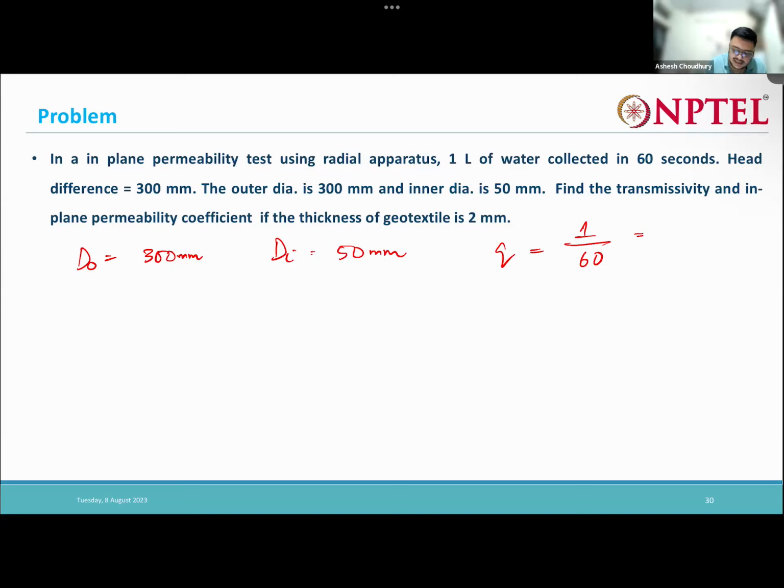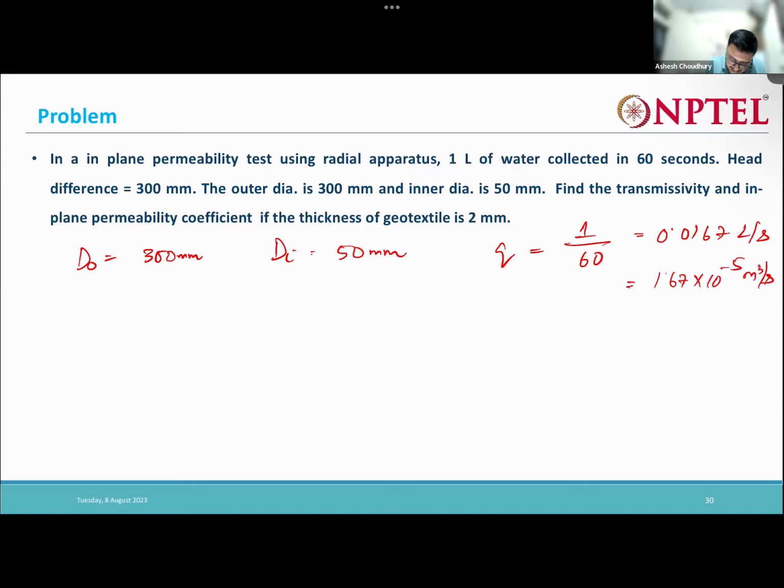First, in liter per second it will be 0.0167 liter per second. So how much is it in meter cube per second? 1.67 into 10 to the power minus 5. Okay, this into 10 to the power minus 5.